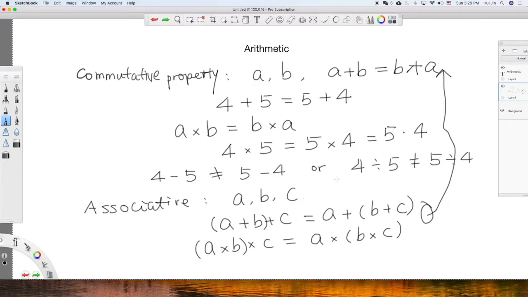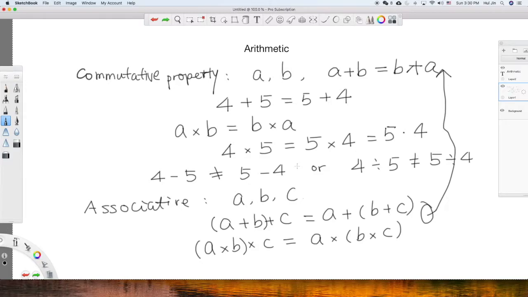As long as it's all additions, you can do any order as you want. The same goes if you have just a bunch of numbers multiplied together, you can do any order as you want. And if that's the case, you probably want to do in an order that makes things simple. And that's the idea for a lot of problems we're going to discuss today.